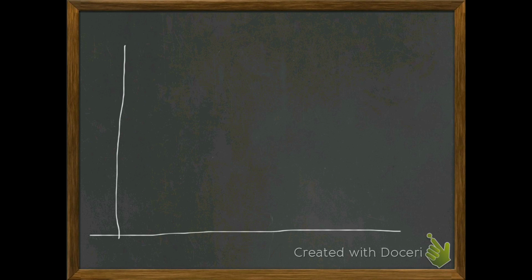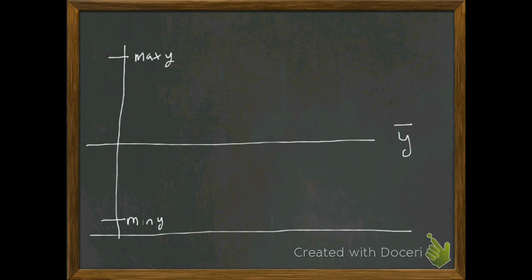Pretend those are straight lines. And if we have our data in here, and I don't want to put the data because I don't want to mess things up. It's easy to think that we have a minimum y and we have a maximum y. And it's also easy to visualize that the mean of the y responses would be somewhere close to the center of the range from the max y to min y.